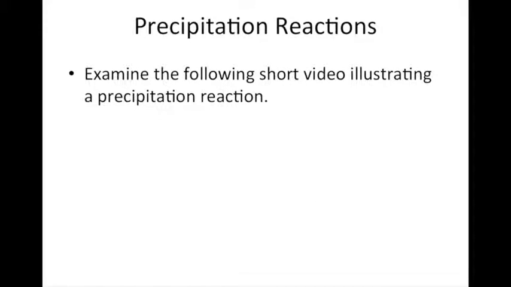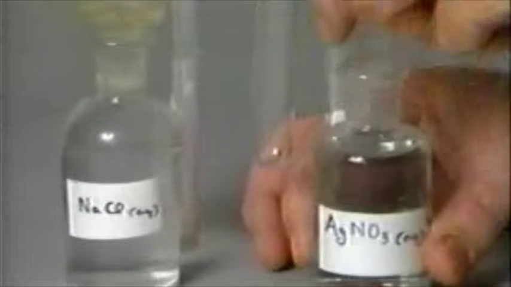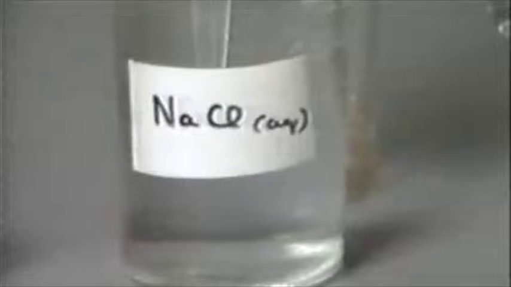So let me show you just a short little video illustrating a precipitation reaction. The first precipitate will be produced from aqueous silver nitrate and aqueous sodium chloride. Aqueous sodium chloride is added to the silver nitrate solution. We observe a white precipitate of silver chloride.